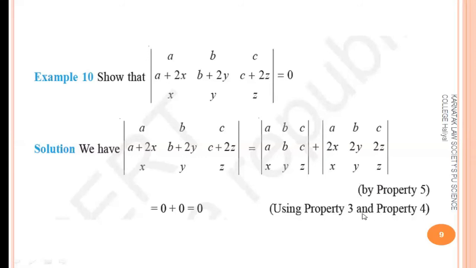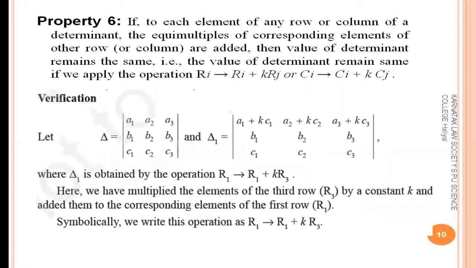These properties are very much essential for solving the problems. Otherwise, we can't solve the problems. Now, the last property is important for 5 marks problems. This property we use in 5 marks problems.